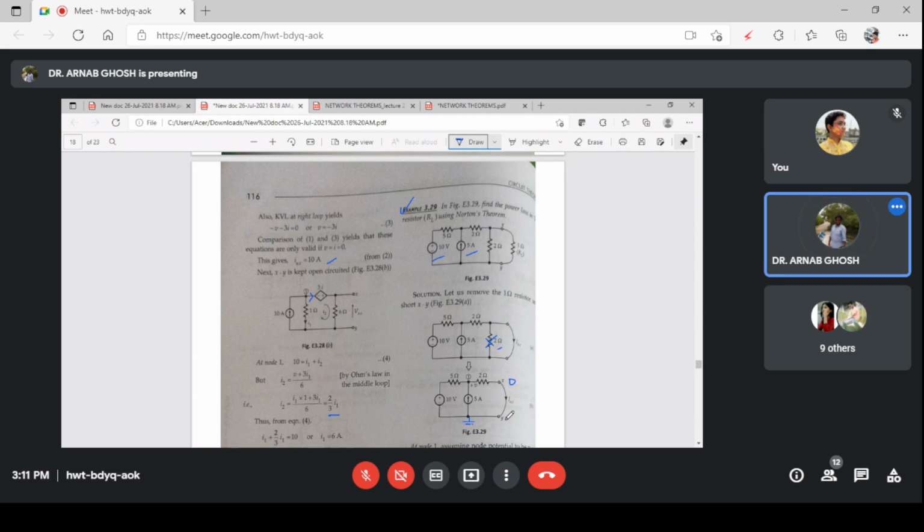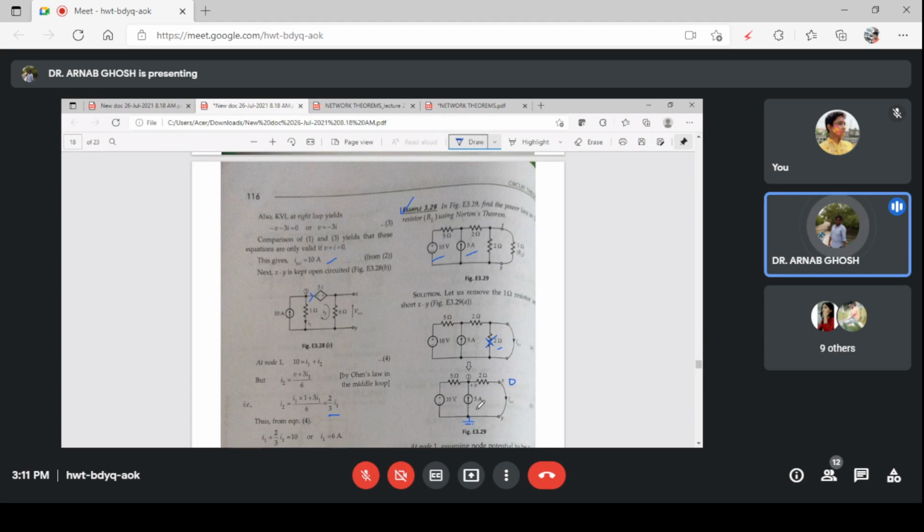Can you explain once the equation at node 1? Yes, I will explain it to you. If you are short circuiting this, the entire current will flow through this, so there will be no current flowing in this node. So we have eliminated this resistance and redrawn. We considered this node as the reference node or the ground node.